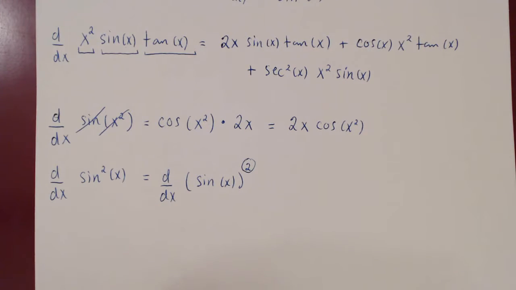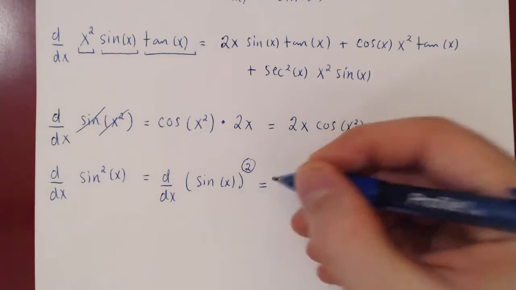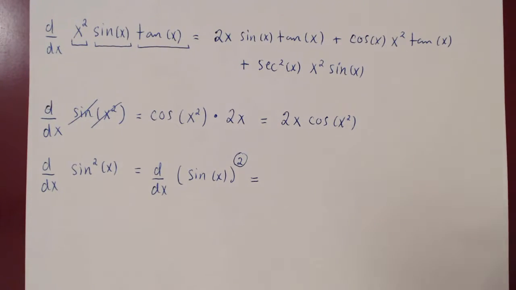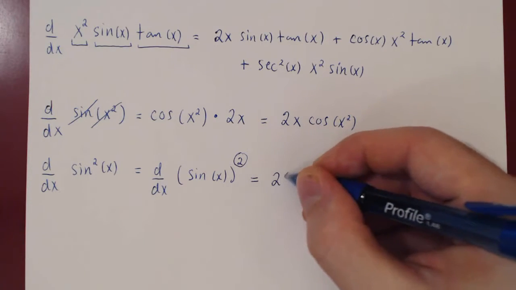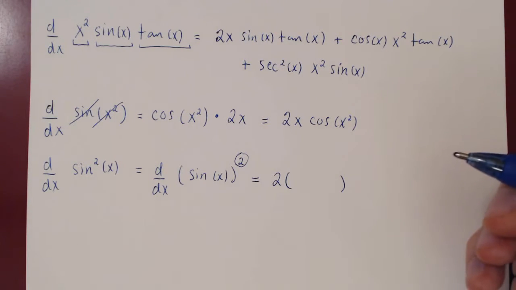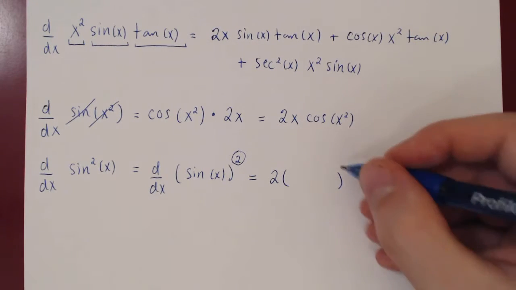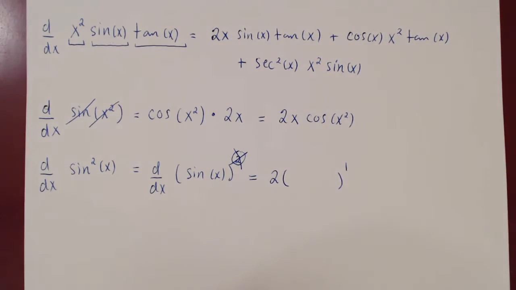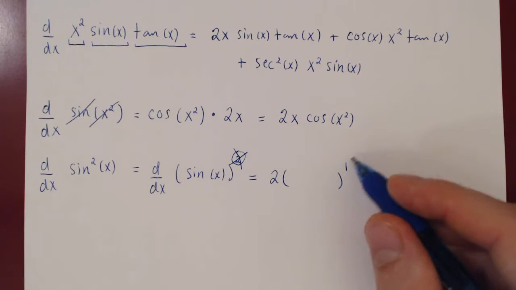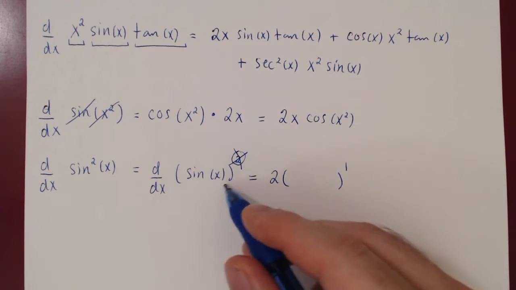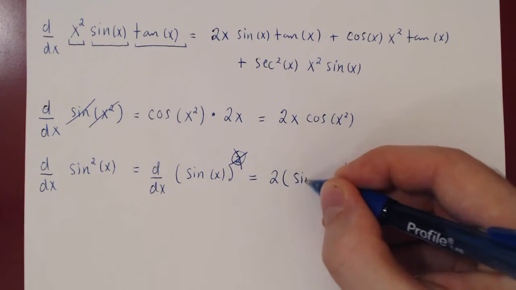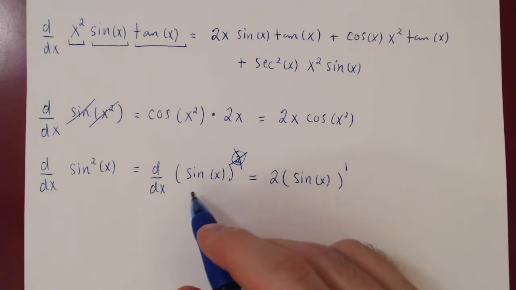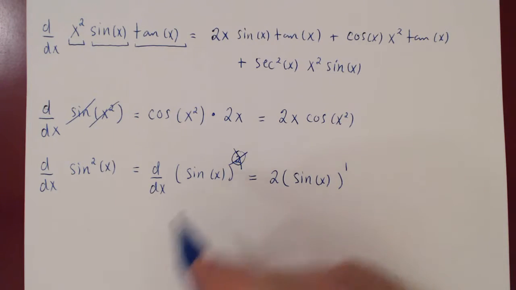So the chain rule says we must differentiate the outside function. We have a power 2, so we use, of course, the power rule. We bring the exponent down. Subtract 1 from the exponent. 2 minus 1 is 1. Differentiate, cross off, and you're left with 2 times something to the 1st power of whatever is left over, which is sine of x. But there is something left over that we have not differentiated, and that is sine of x.